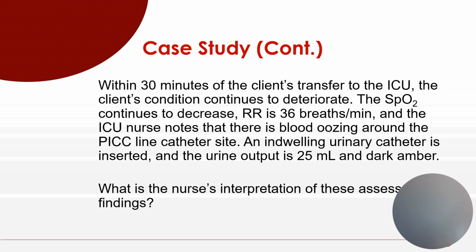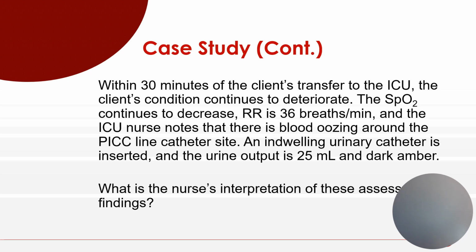Findings. Again, this client is most likely septic. Main manifestations that we're looking at is that low oxygen saturation, that rapid respiratory rate, decreased urine output, and the changes in the level of cognition.